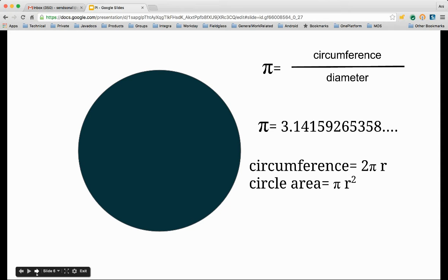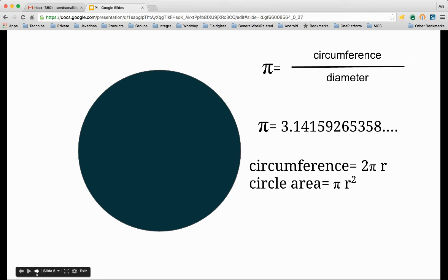Using mathematical equations, calculations for pi could be the circumference divided by the diameter. Pi is equal to 3.1415926538, and there are many numbers that follow that. Pi is used in many calculations, including finding the circumference and area of a circle.